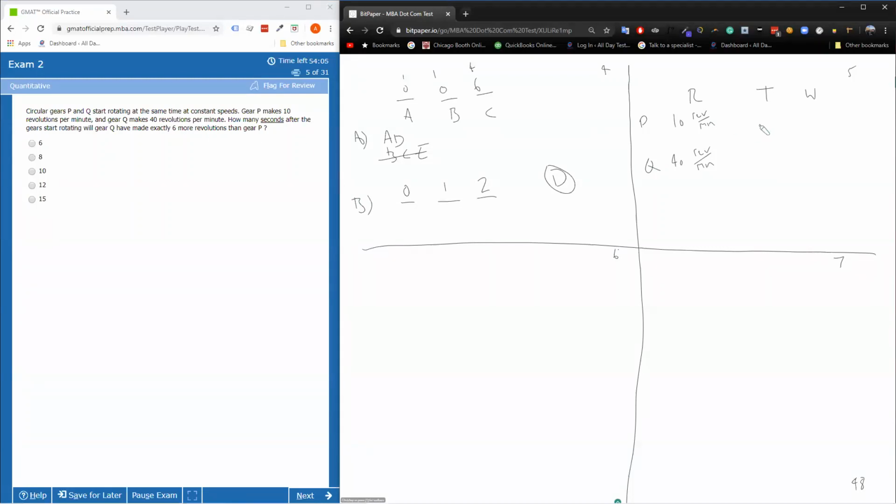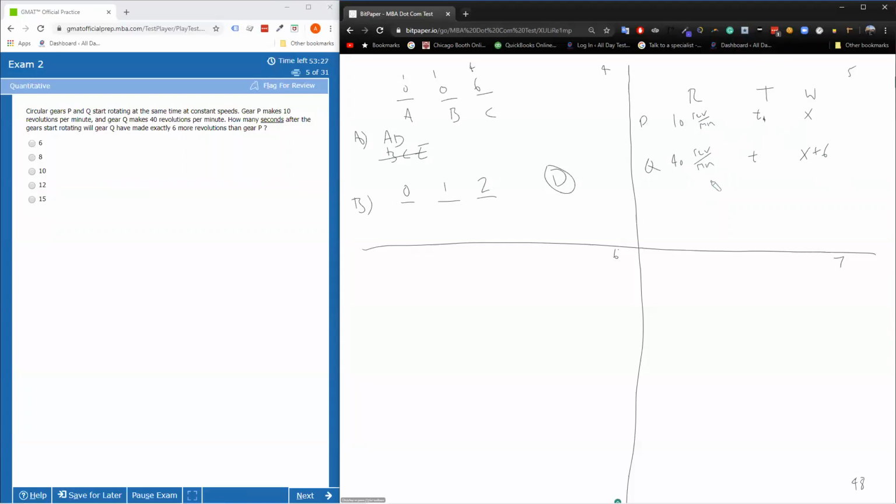So we want to find the respective times it will take them, so that gear Q, so if he has X revolutions, he does X plus 6 revolutions. Our time is going to be in minutes here, so I can remember to convert.